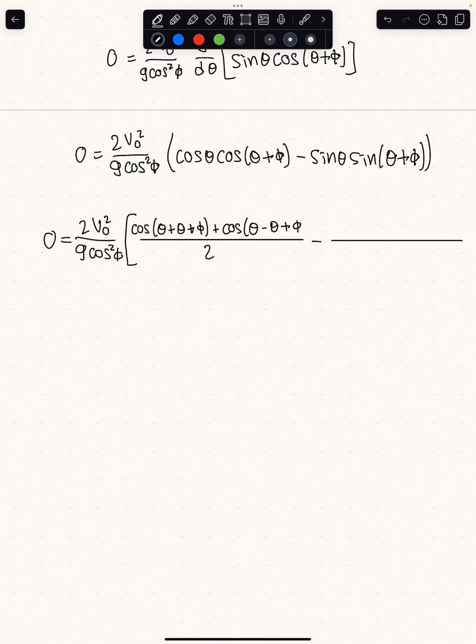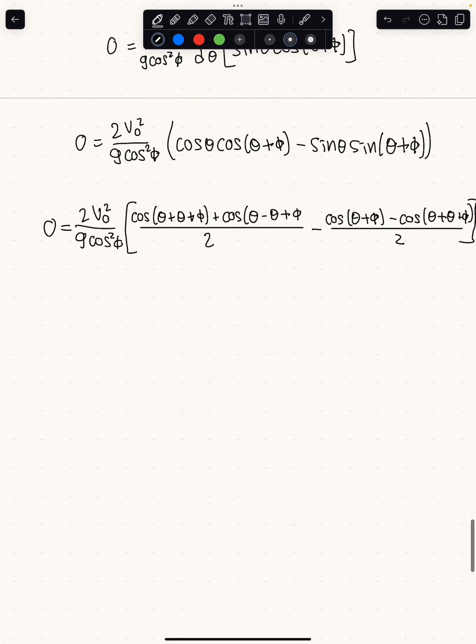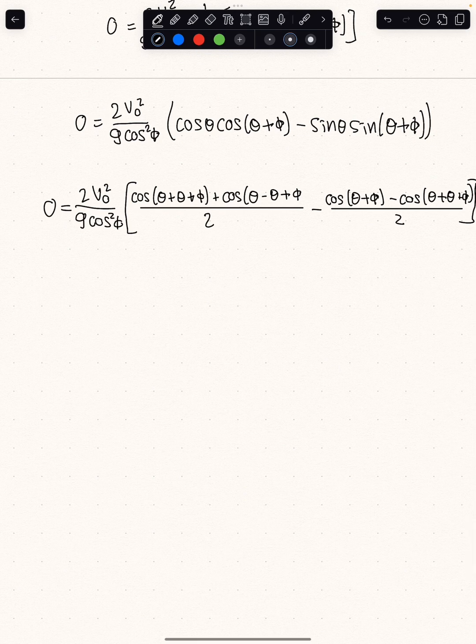Write this concise cosine, and this will be theta plus phi minus cosine of theta plus phi over 2, just barely. And then all of this is going to compress down nicely to 2 v naught squared over g cosine squared phi times 2 cosine 2 theta plus phi.